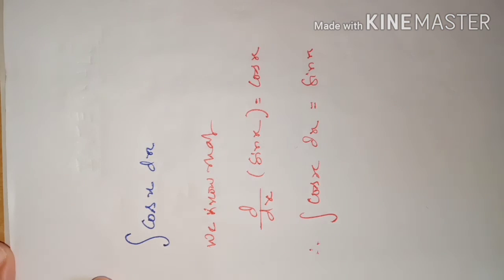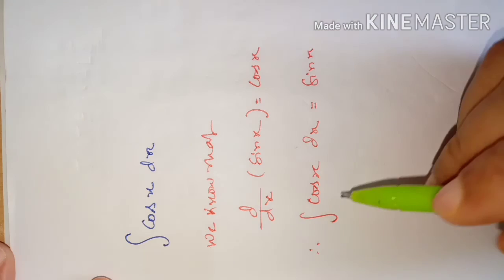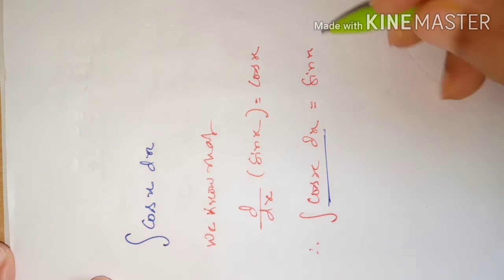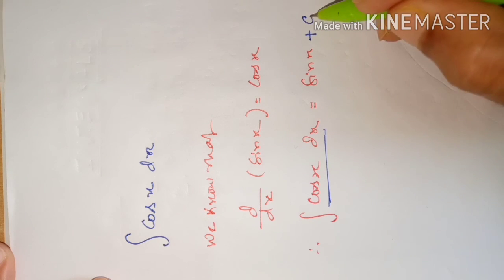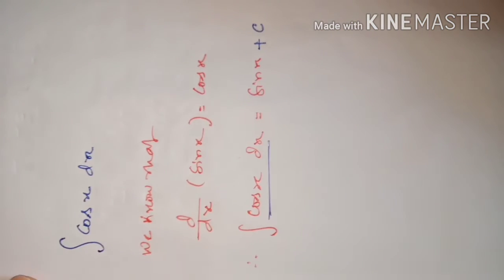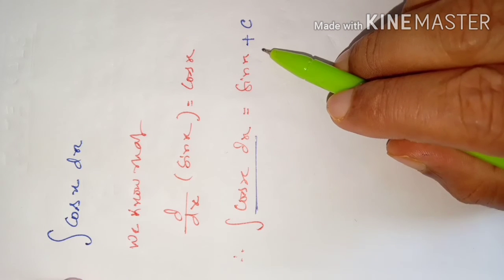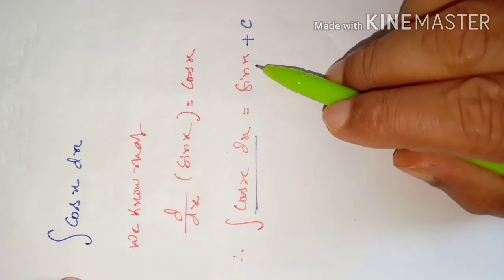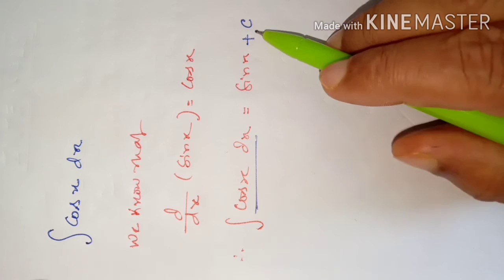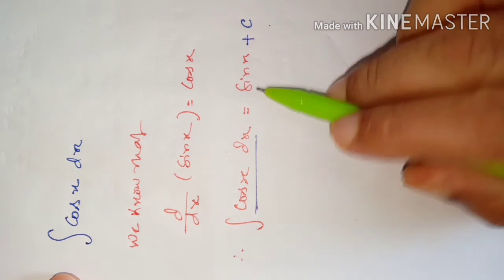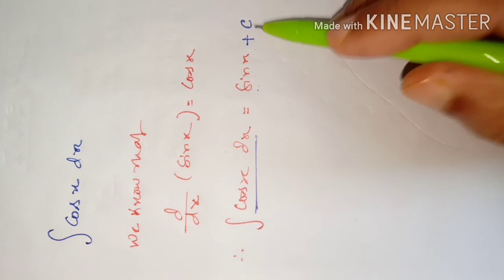And as I told you, every time you write the antiderivative of a function, don't forget to add a constant there, because you will not get one particular function, you will get many such functions, sin x plus 1, sin x plus 2, so infinite number of such constants can be there. So you can say sin x plus any constant. So this is one example.